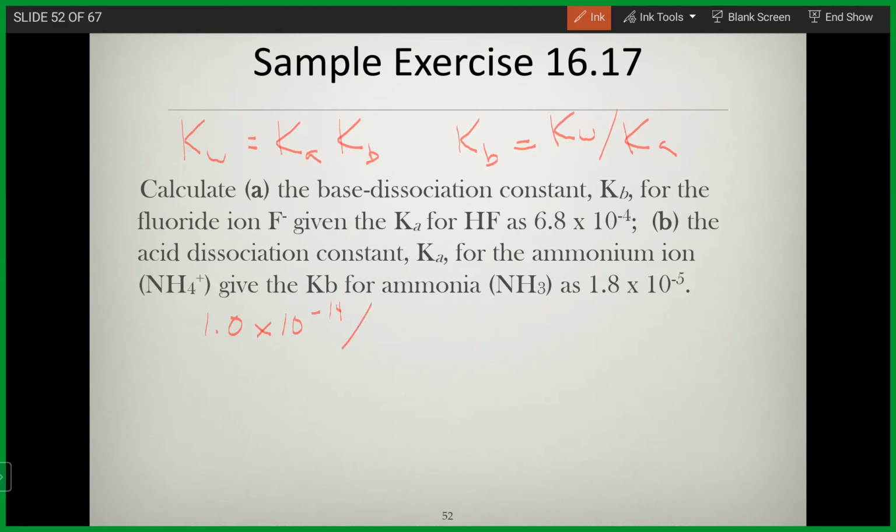So if we divide that by Ka in this case, 6.8 times 10 to the negative 4th, we're dividing by a negative exponent, so the negative 14 should become more positive. And that's why if we actually solve for it, we should get 1.5 times 10 to the negative 11th.